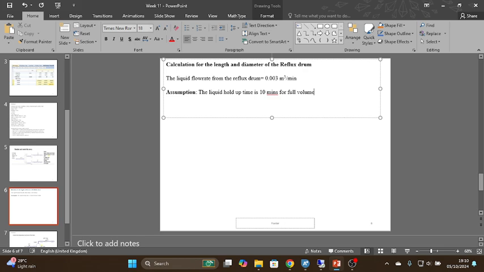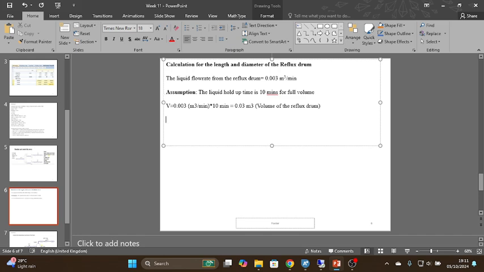So therefore we have V equals 0.003 meter cube per minute multiplied by 10 minute. This will give us 0.03 meter cube. This is the volume of the reflux drum.